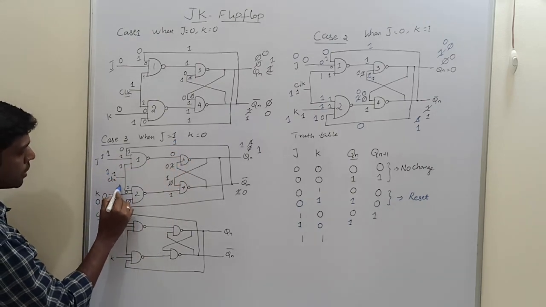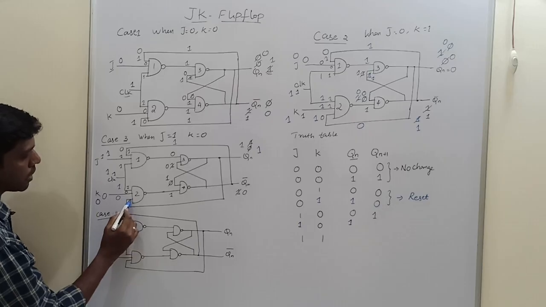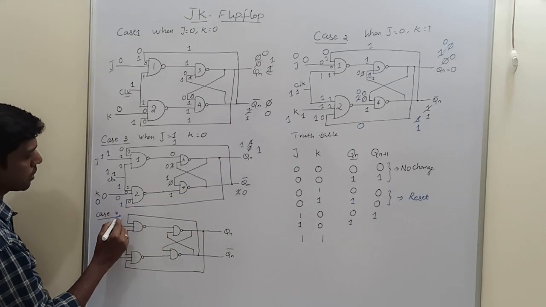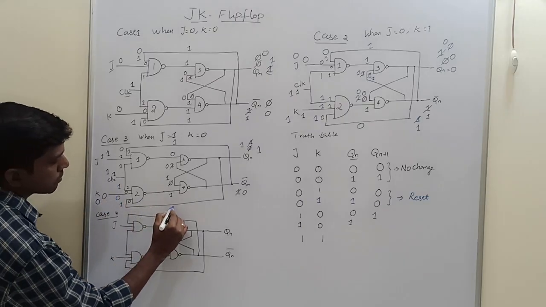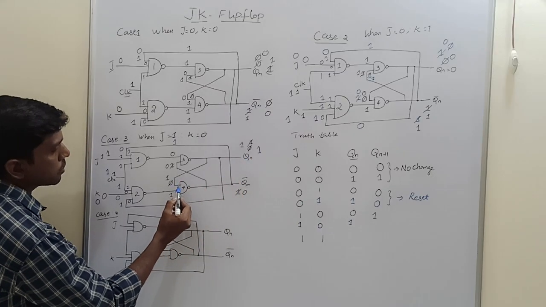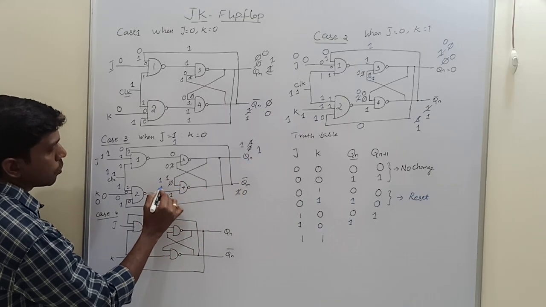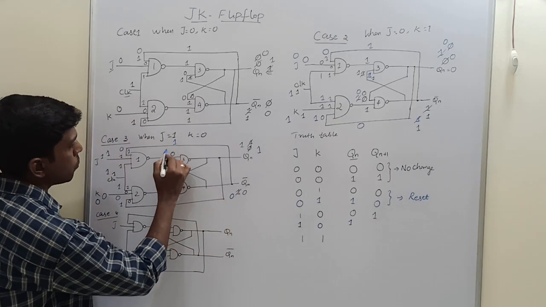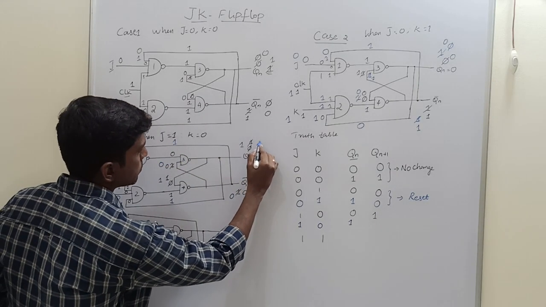Then here clock value 1, K value 0. The second NAND gate, third input get from Qn. So Qn value is 1. So 1, 0, 1. The result is 1. Then this Qn is feedback to NAND gate 4. 1, 1, 0. So this 0 is feedback to here 1, 0, 1.